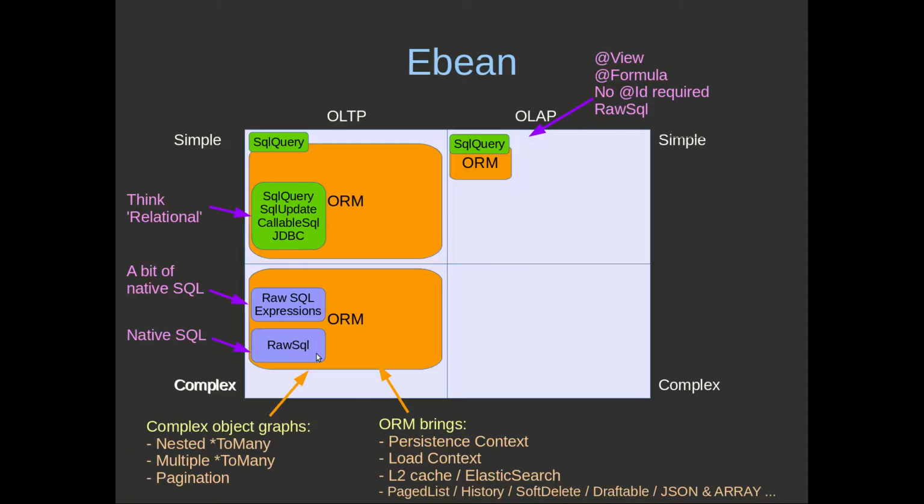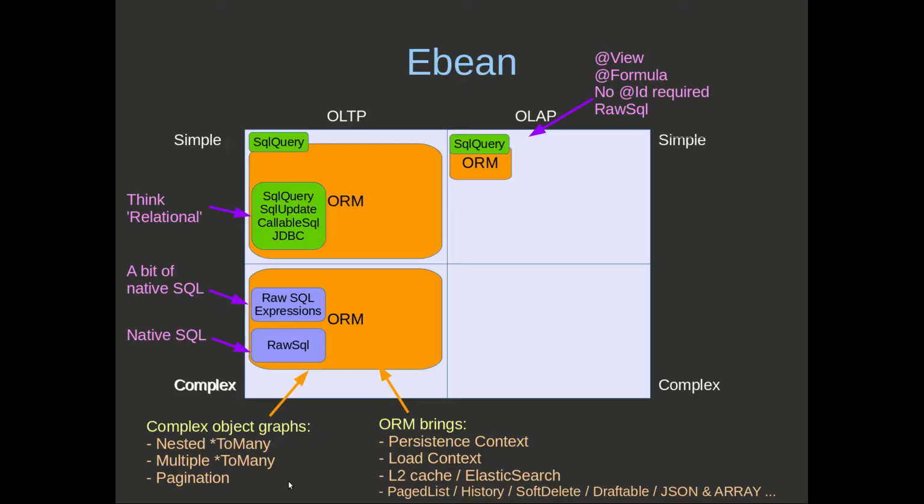So that's good too. The other thing that gets us down into these complex cases is the load context. This is like an internal thing that doesn't get talked about much, but the load context does the query joins, and it does the batch lazy loading. It does the efficient object graph construction for these complex cases. And Ebean does very well here.